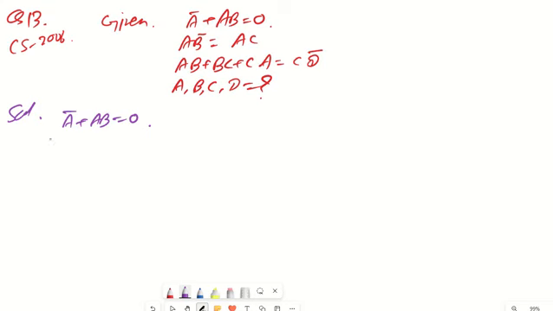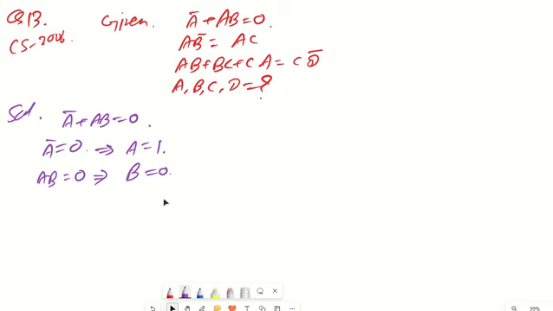A bar must be 0. In that case I am going to get A must be 1. So this is my first solution. Now my AB also must be 0. So in that case, since A is 1, B must be 0. Okay. So we have got the values of A and B.